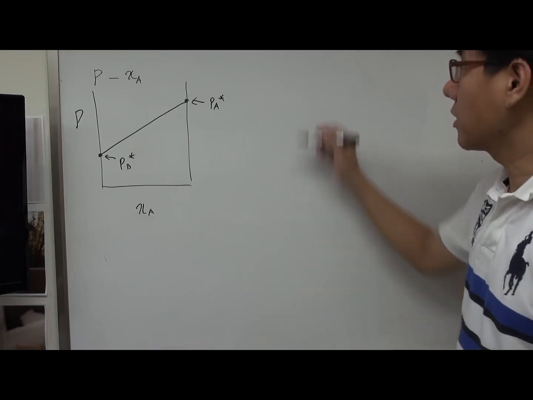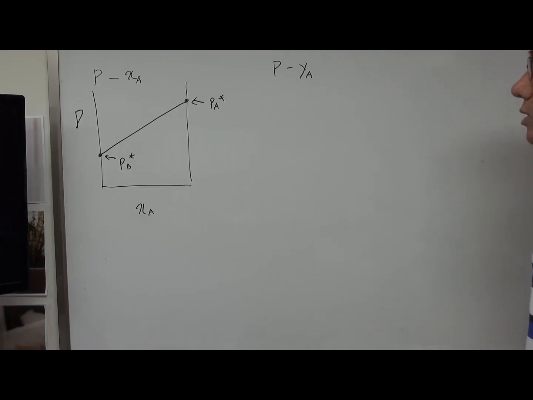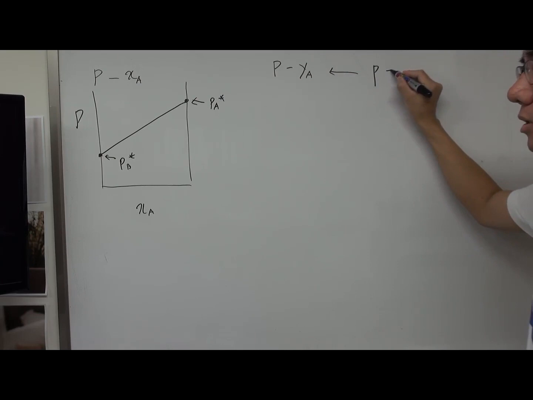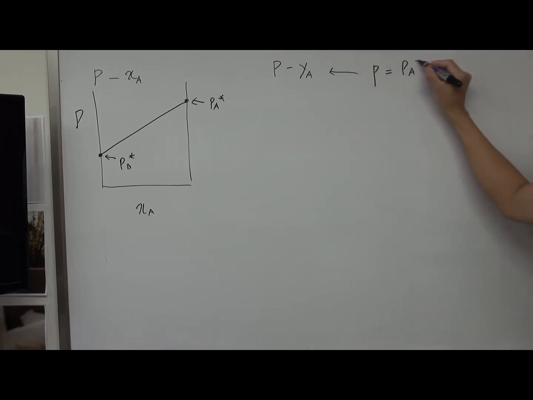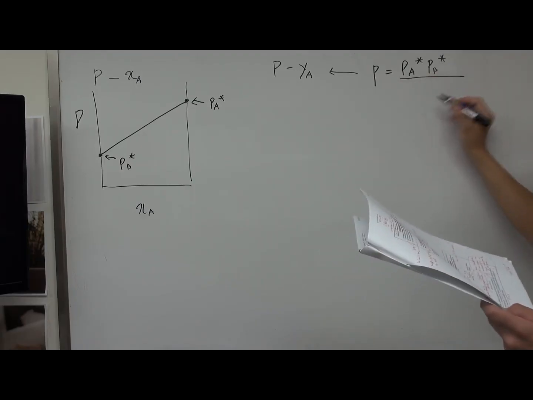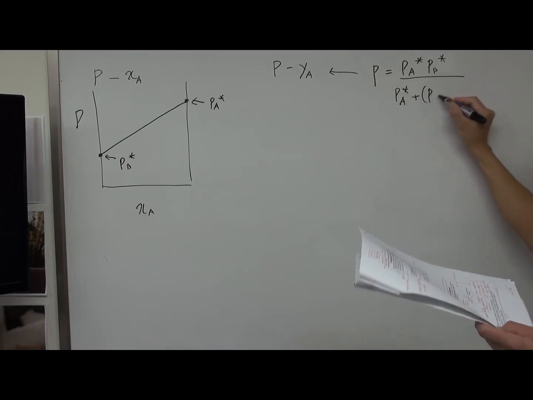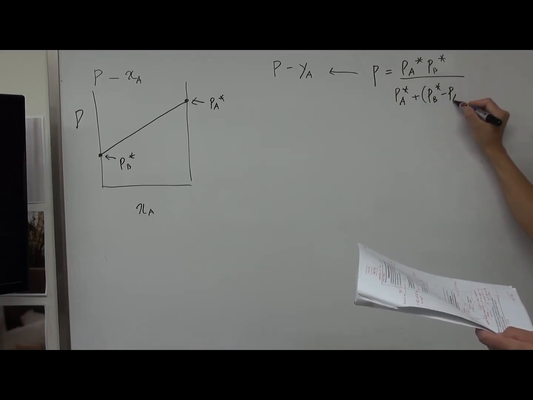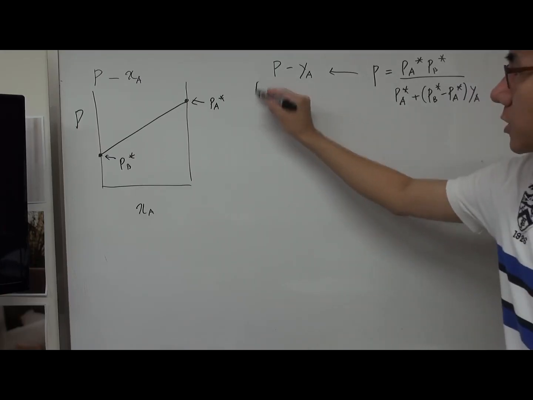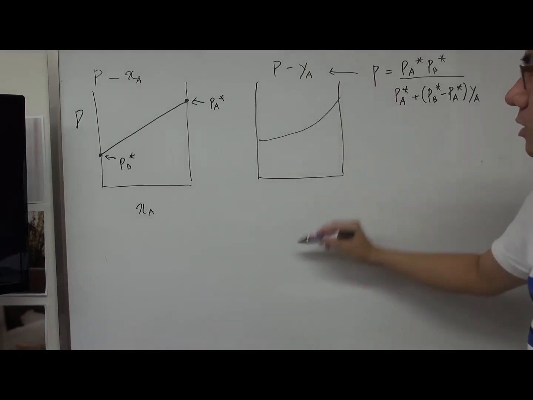If you do the same thing for total pressure as a function of mole fraction in the gas phase, the equation looks like this. P is equal to PA star PB star over PA star plus (PB star minus PA star) YA. Let's draw this. As you see in the diagram, it looks like this.